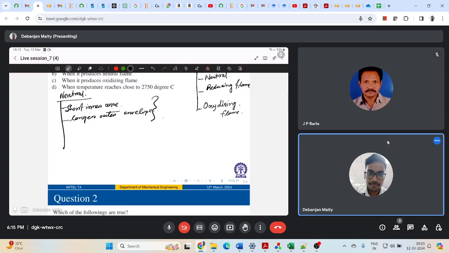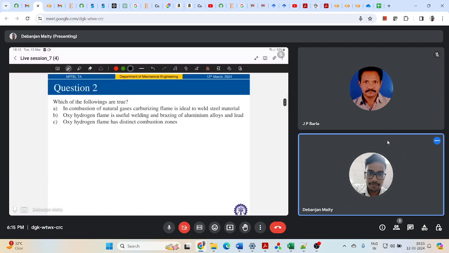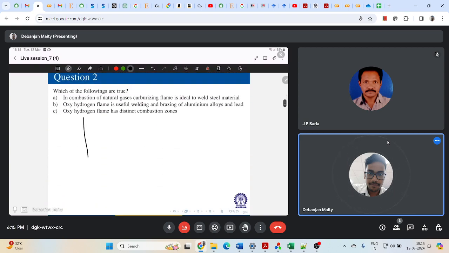This will be like a torch, and I will generate some flame like this, right? This is my inner core, and this is my outer envelope.